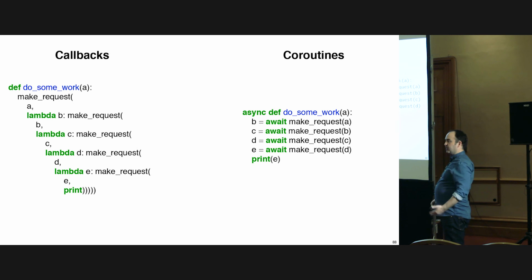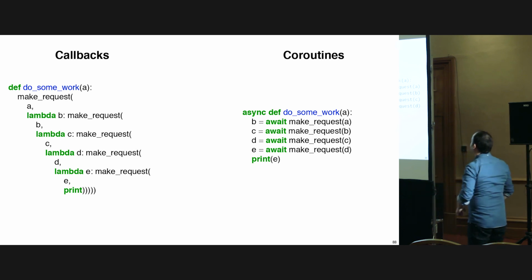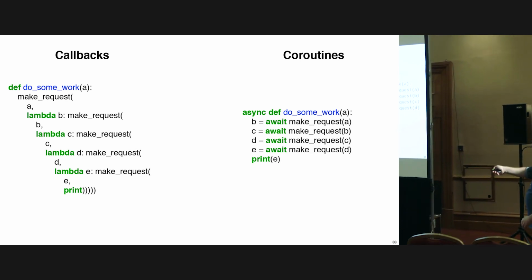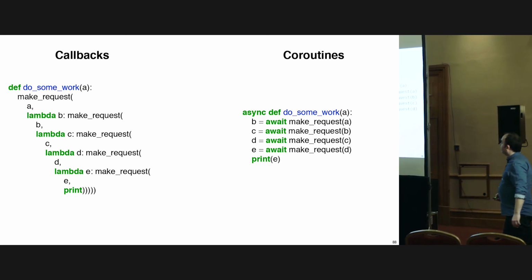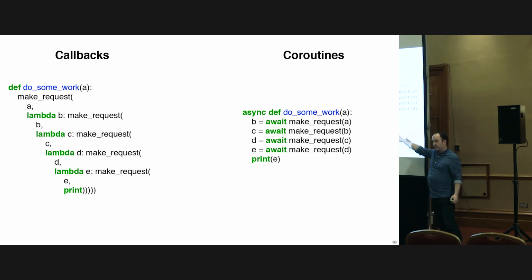Okay? It's much easier to understand what's going on, and how data is being threaded through the system. And these are exactly equivalent. So I would much prefer to program in this style than that style. Does anyone prefer that style? No.